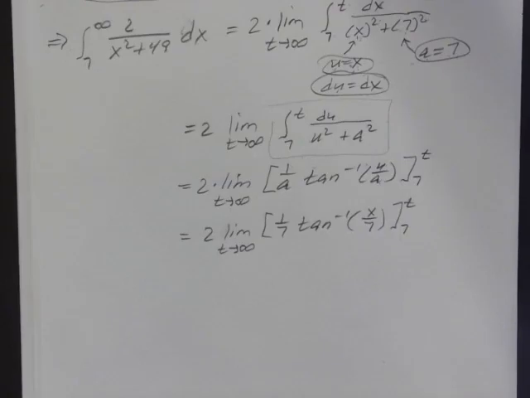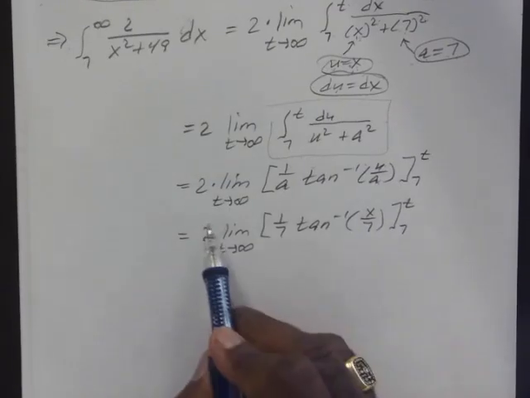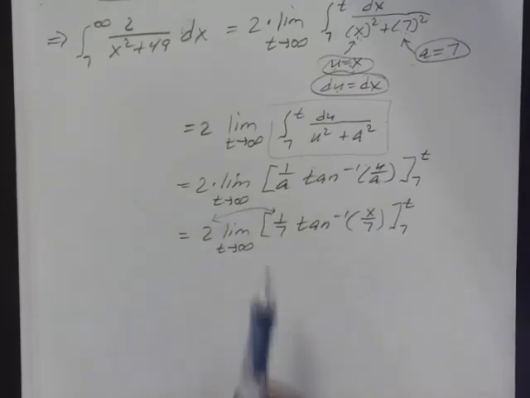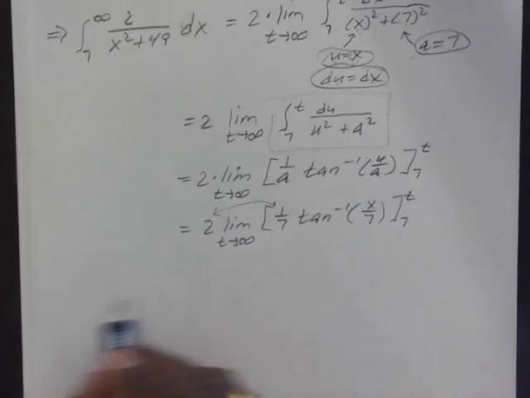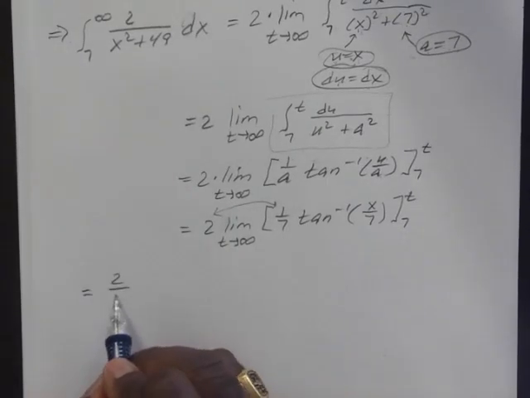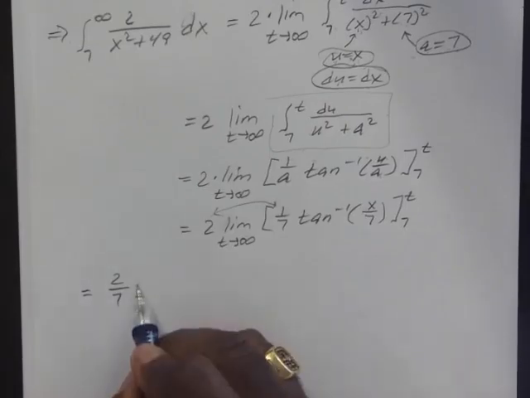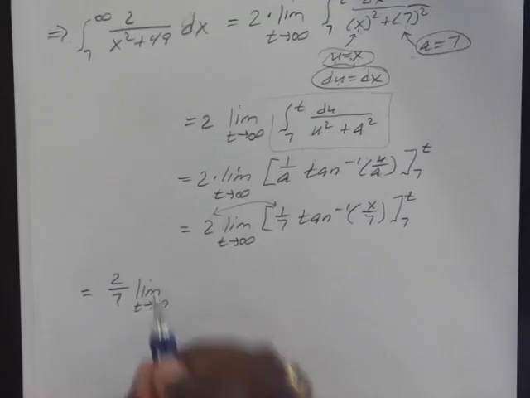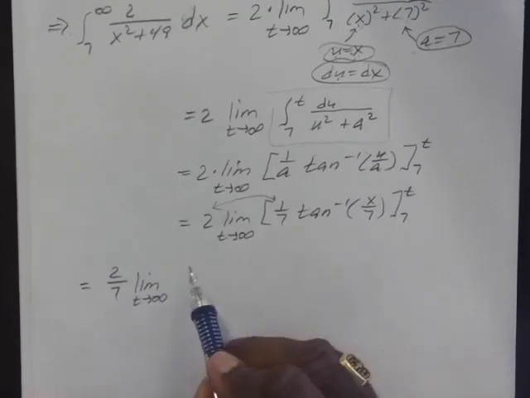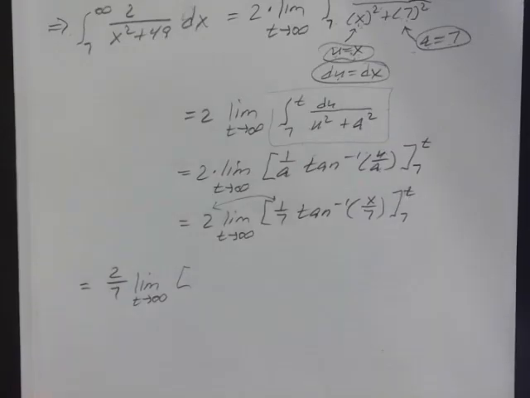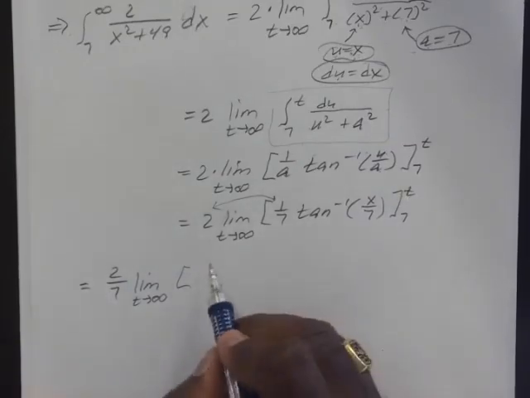Okay, so now we go ahead and apply the fundamental theorem. First thing we're going to do is just go ahead and combine the 2 times 1 over 7 just to get that out of the way. And move this over a little bit so we don't run out of room. So 2 divided by 7 times the limit as t approaches infinity. Plug in our upper bound, which is x is equal to t.